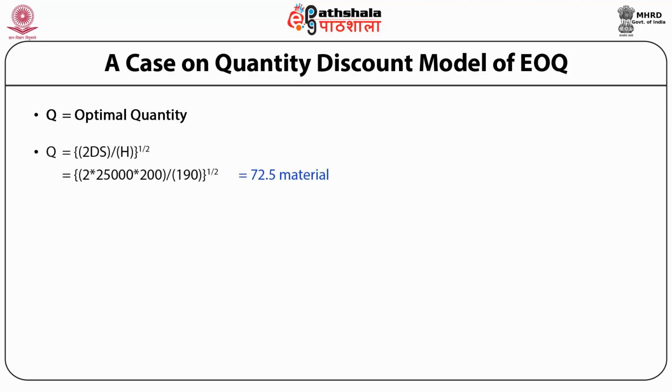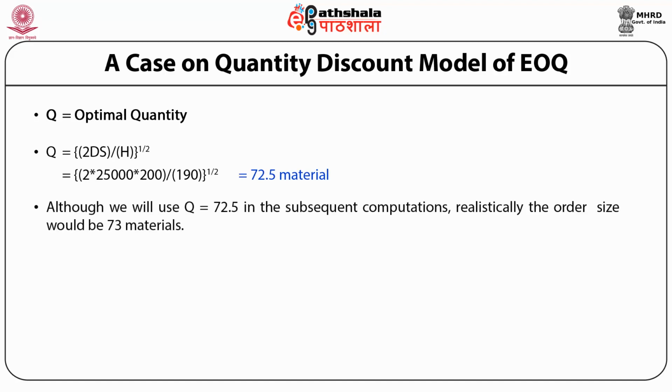Q equals the square root of 2DS upon H, which is the square root of 2 into 2500 into 200 upon 190, equal to 72.5 materials. Although we will use Q-opt equal to 72.5 in the subsequent computation, realistically the order size would be 73 materials.